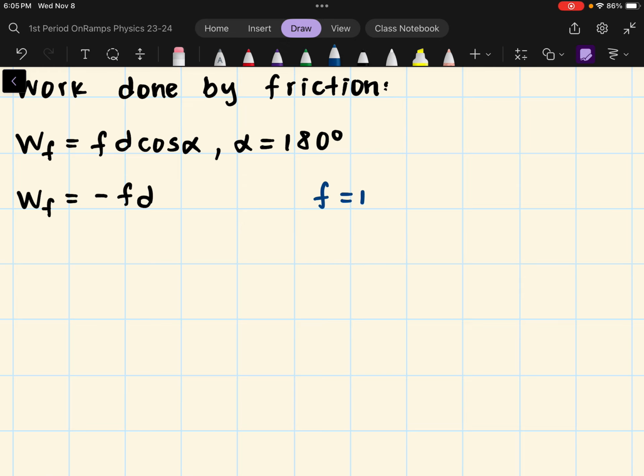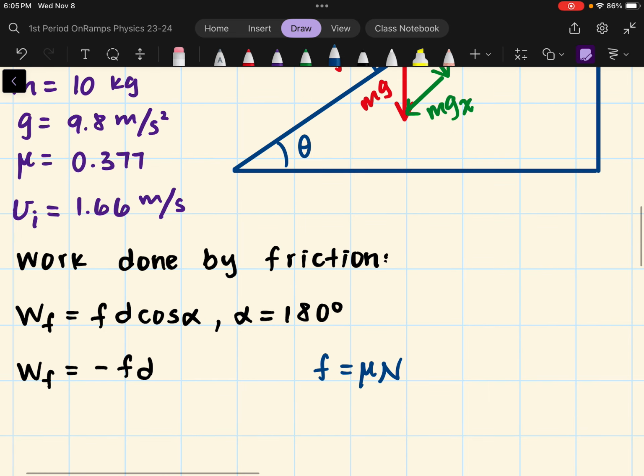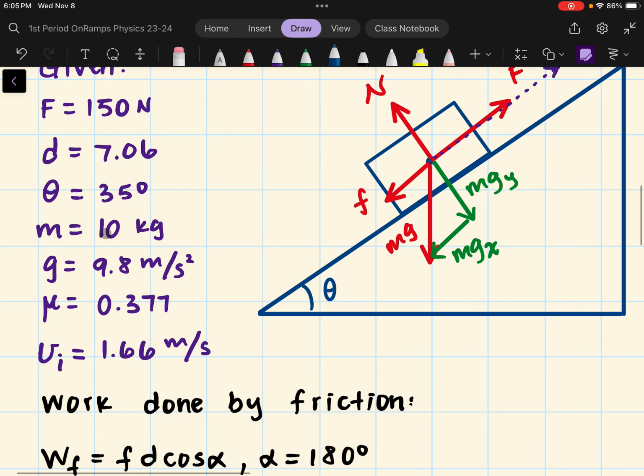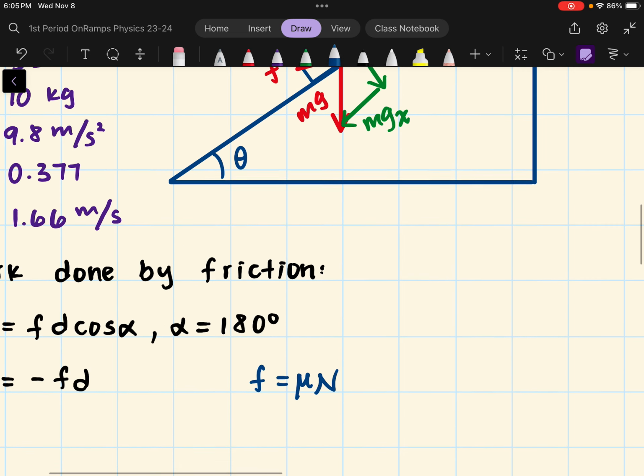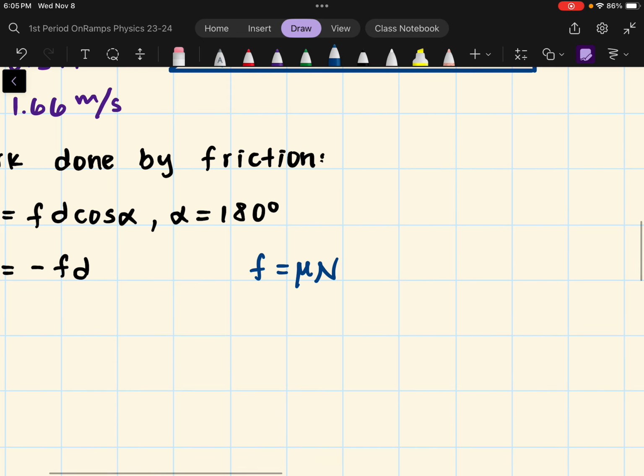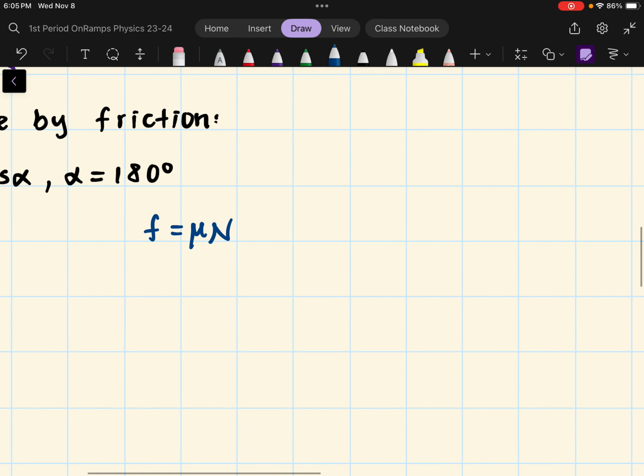Frictional force is equal to the coefficient of friction times the normal force. We don't have the normal force. It was not given to us. However, we have our free body diagram, and we can apply Newton's second law to find an equation for the normal force.